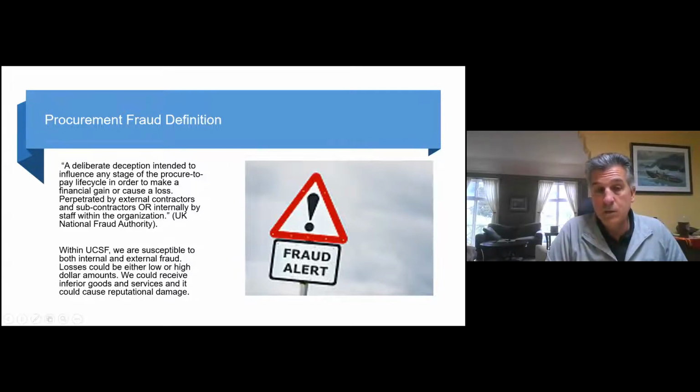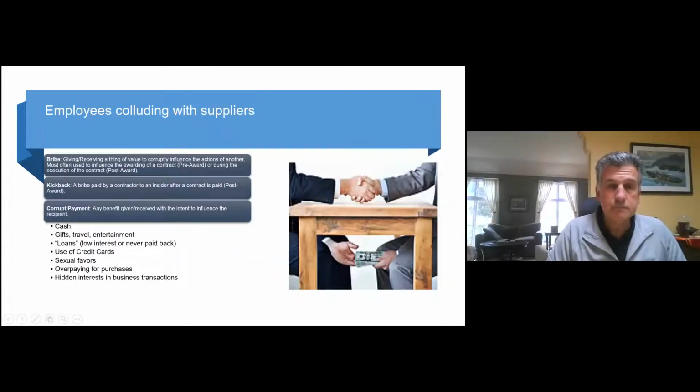Within UCSF, as many of you know, we're susceptible to both internal and external fraud. Losses could be either high value or low value in terms of dollars, or we could receive inferior goods and services, and it could certainly cause reputational damage to us.